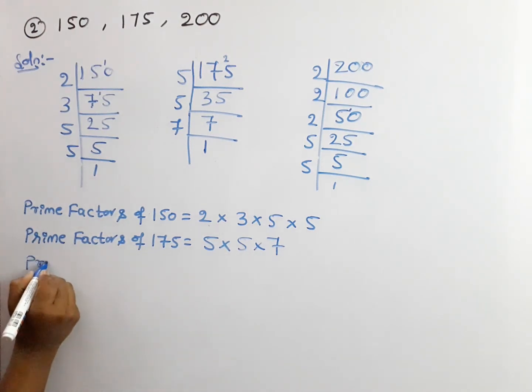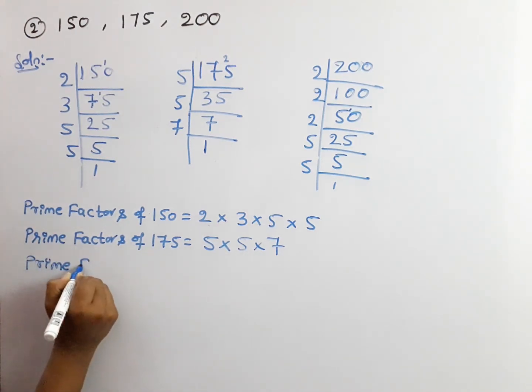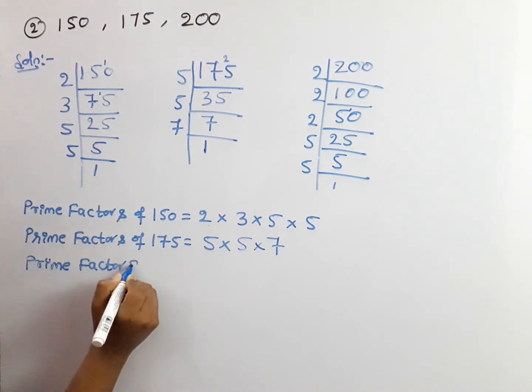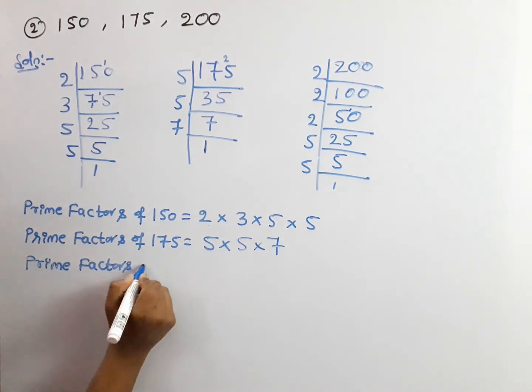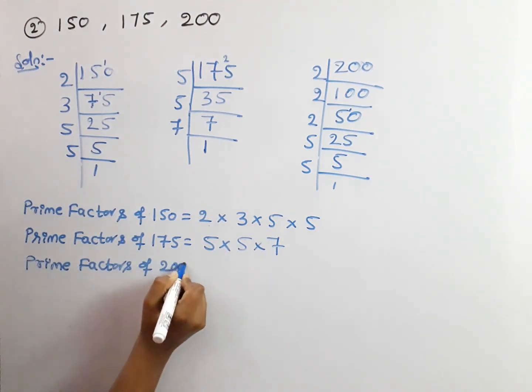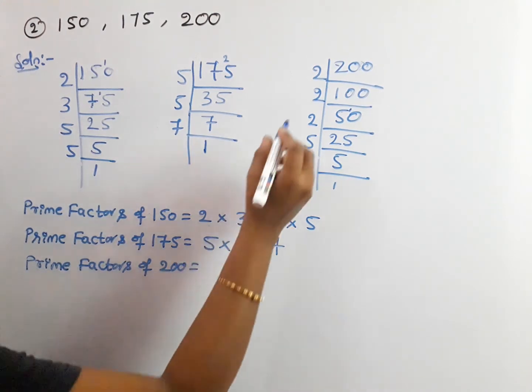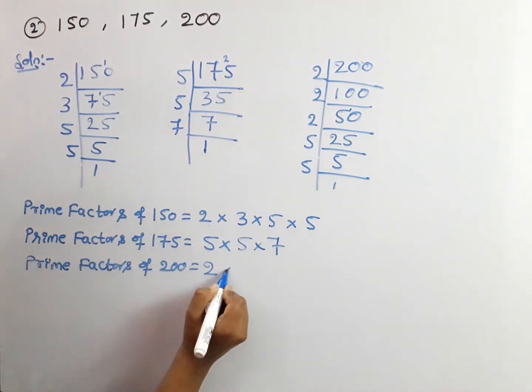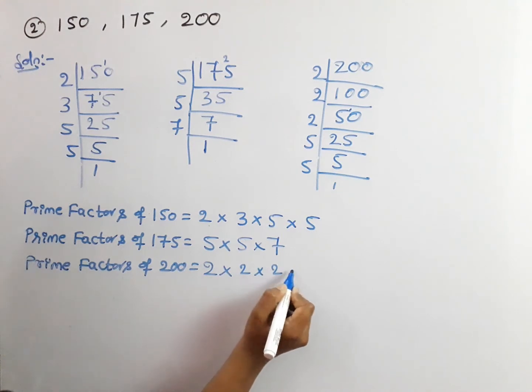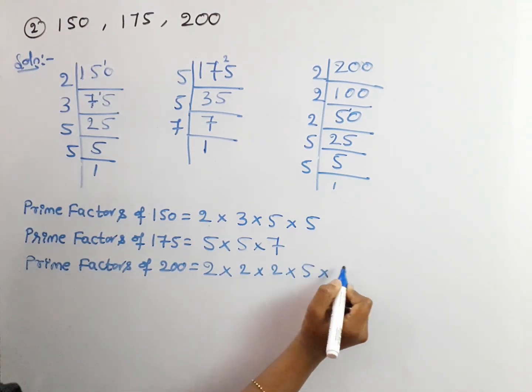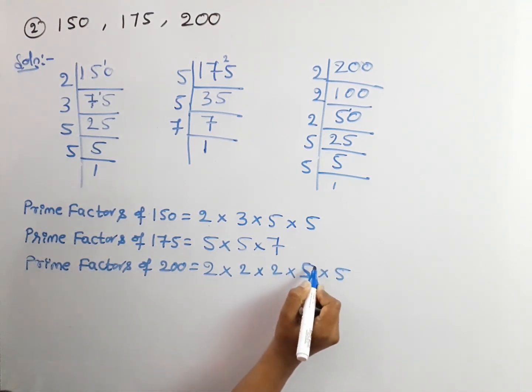Then write the prime factors of 200, which is equal to 2 into 2 into 2, then 5 into 5.